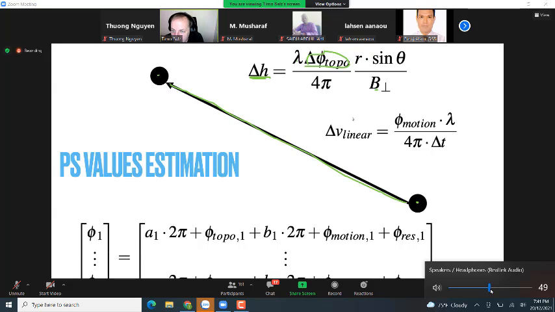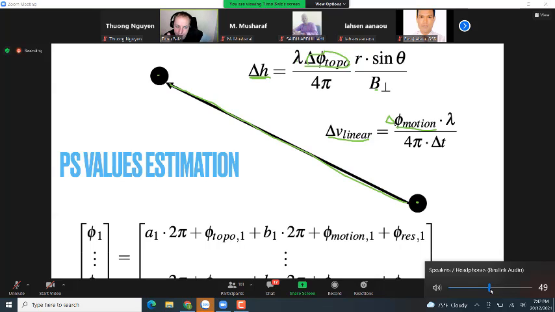Similar, for a given linear motion, if you assume a constant motion, we can calculate the given. Actually, it should also be delta, to be honest. There should be a delta here. We can calculate the difference in motion phase from one point to the other point.